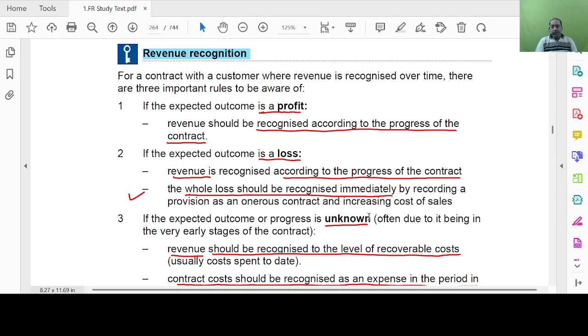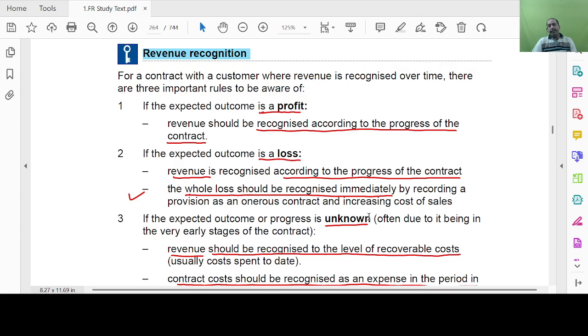Now, for the percentage of work completed, we have two methods of measurement: first is the input method and the second is the output method.